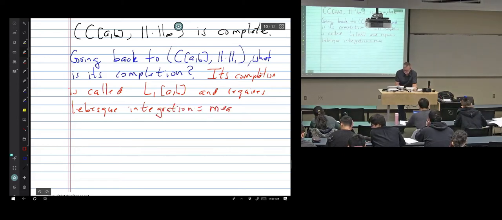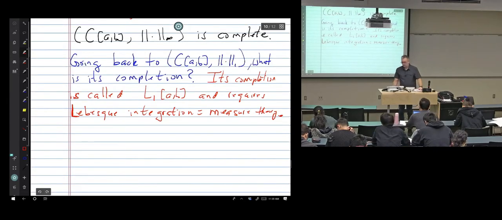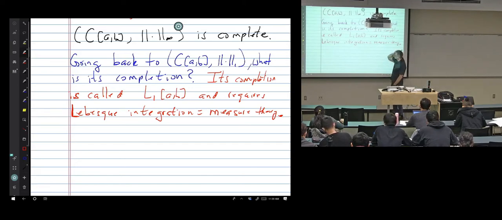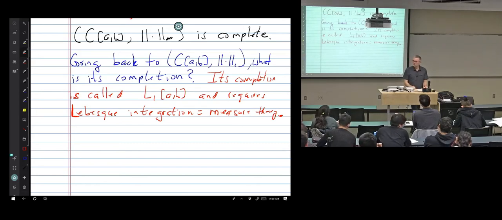That means you have to do a course in measure theory if you really want to understand that. But, like I said, there are catalogs and catalogs of these things, and all these standard spaces that engineers want to work in. They're either already complete, like C01 with the max norm, or yes, it is a Lebesgue integral. Yes, you have to go off and learn what that means, but it's not that hard. It just takes time.